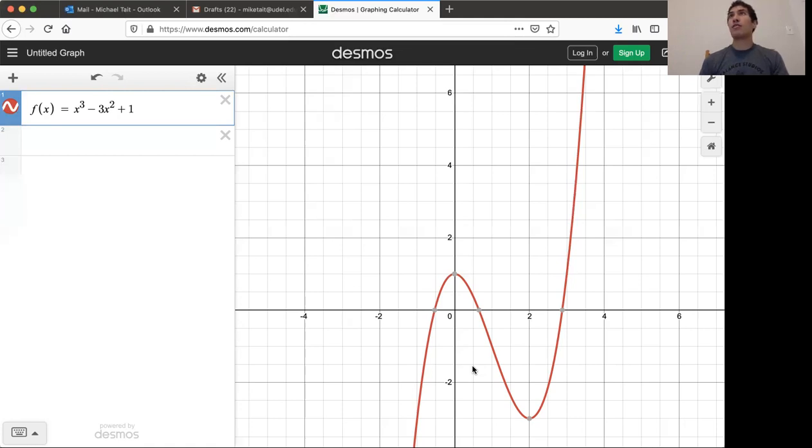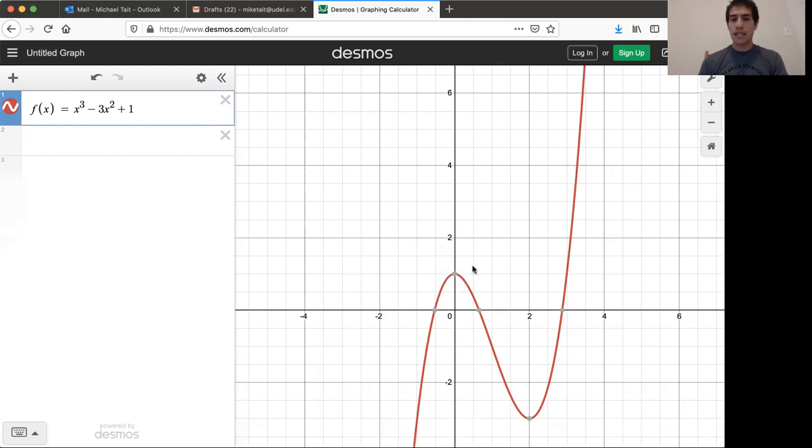Well, the value of the derivative, so the y value here, is going to be given by the slope of this red curve, right? That's the definition of my function f prime, the slope of this original function f. So if the slope is positive, then the derivative function is going to be above the x-axis. And if the slope is negative, then the derivative function is going to be below the x-axis.